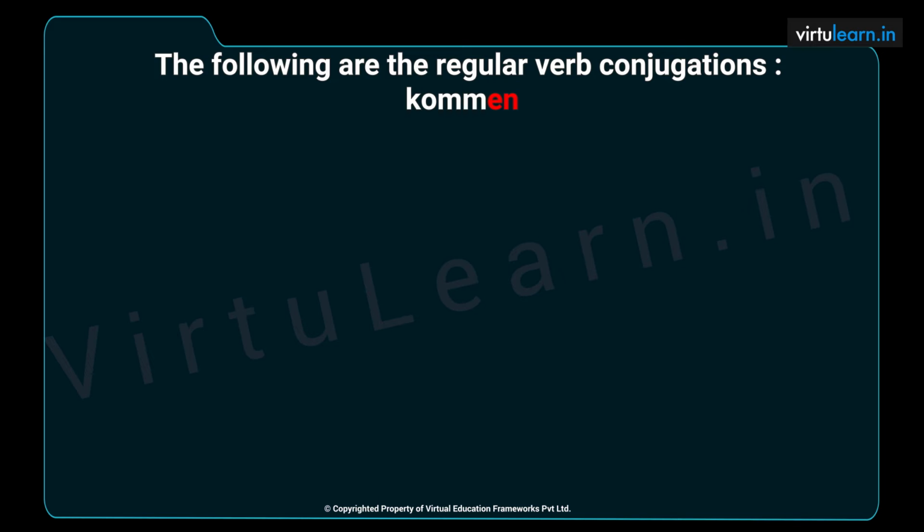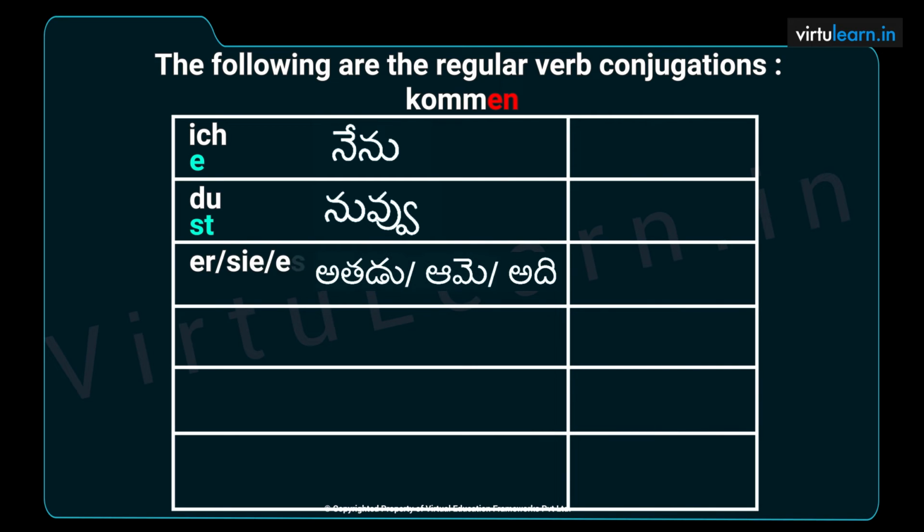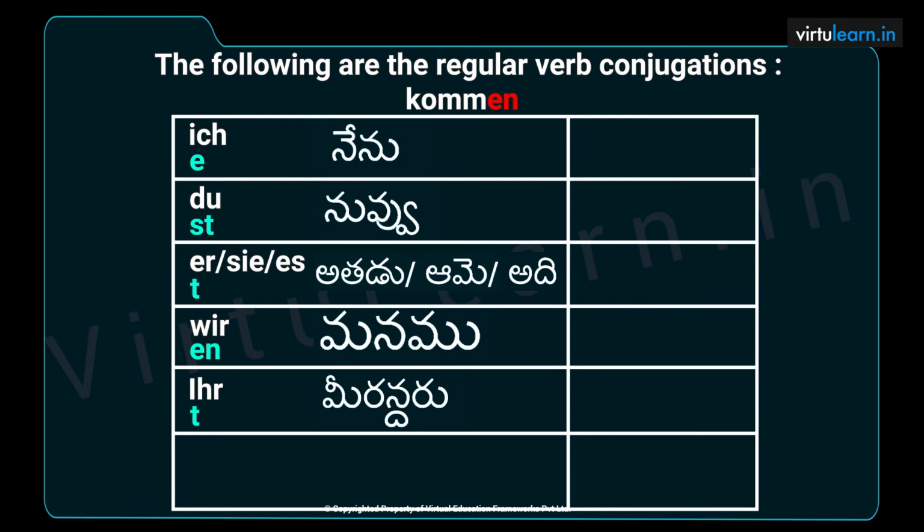We will conjugate the stem with the personal pronouns. Let us recall the endings assigned again. Ich, e; du, st; er, sie, es, t; wir, en; ihr, t; and sie, Sie, en.